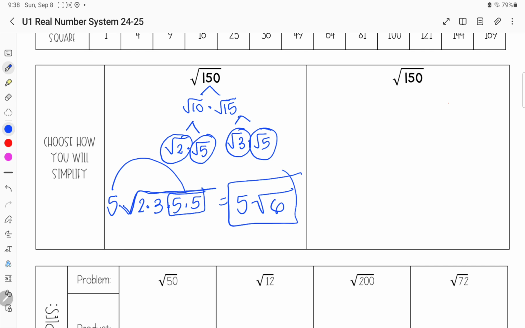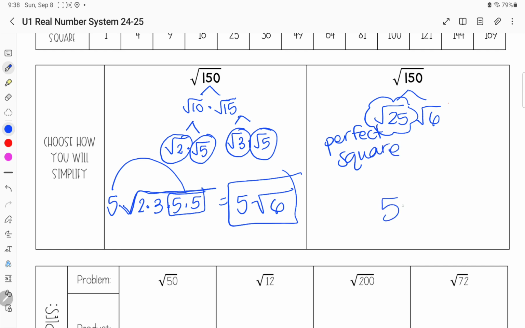Now, some of you may have done 25 times 6, and you would have realized that this is a perfect square. And so you could have done 5 radical 6, because 6 wouldn't break down into any other ones. The easiest way in the beginning is going to be just like this.